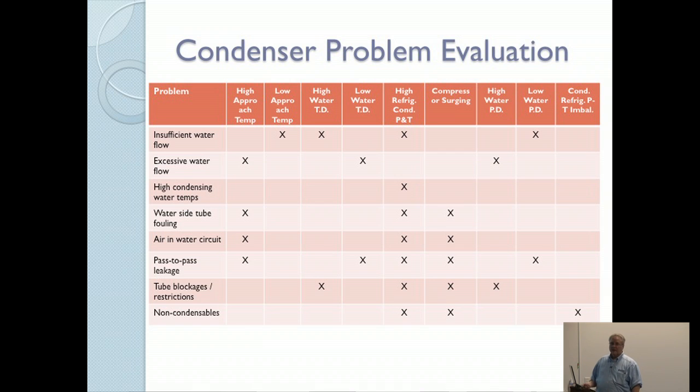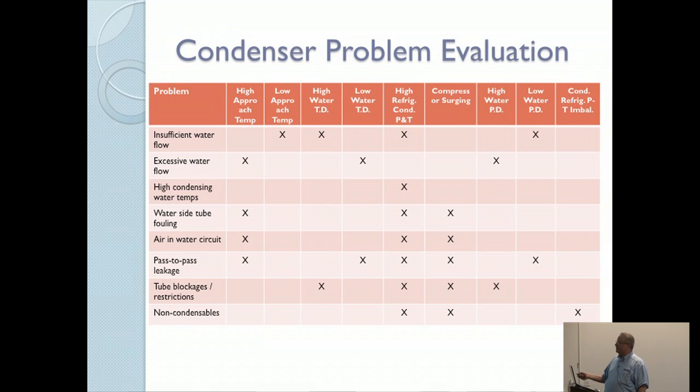Again, that's the difference between the condenser refrigerant temperature and the water leaving the condenser itself. If you have a low approach temperature, you may have a problem, you may not, but if it's supposed to be 7 and you're getting 2, you may want to make sure you have sufficient water flow.